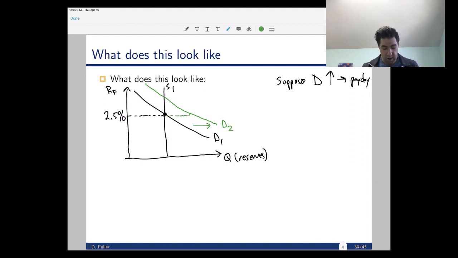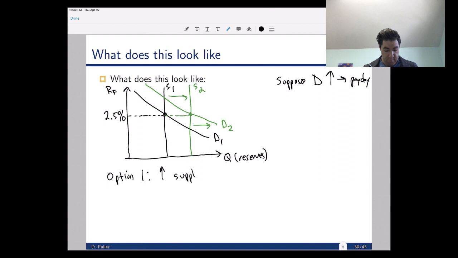Well, one option is increase the supply. So option one is demand increase. Well, I'll just increase supply to meet that extra demand and keep the interest rate, the federal funds rate, pegged at 2.5%.